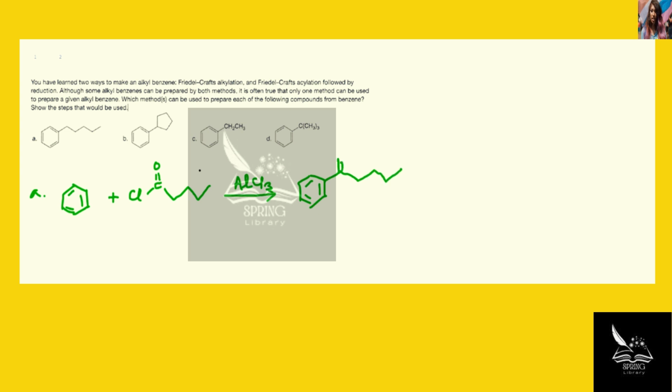double bond O must be here. This acyl group is formed with 1, 2, 3, 4 carbon atoms. Total 5 carbons can be introduced, and the next step should be the reduction. That is Clemmensen's reduction, zinc in presence of mercury with HCl.